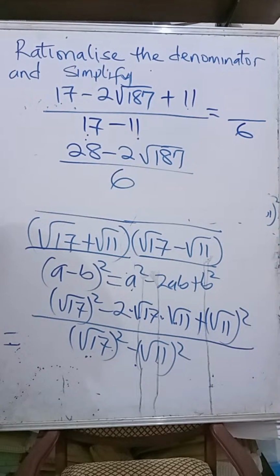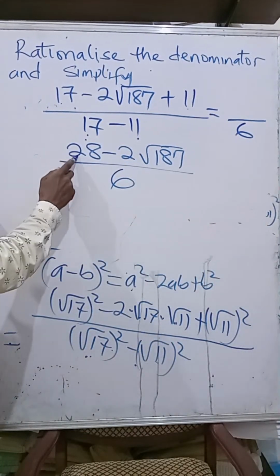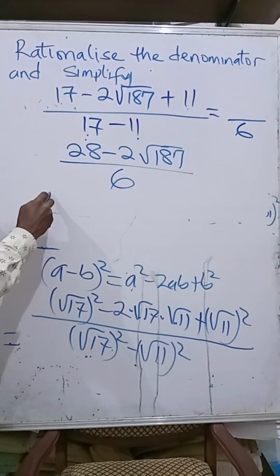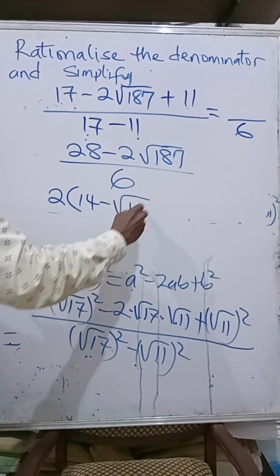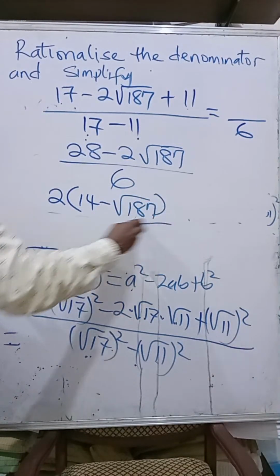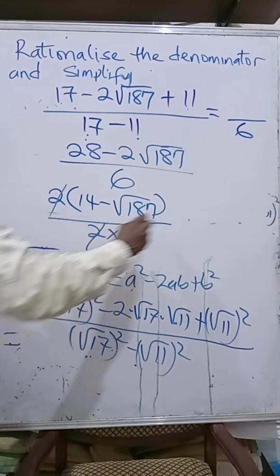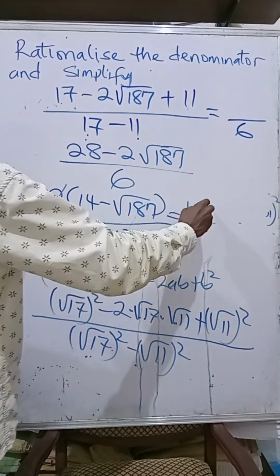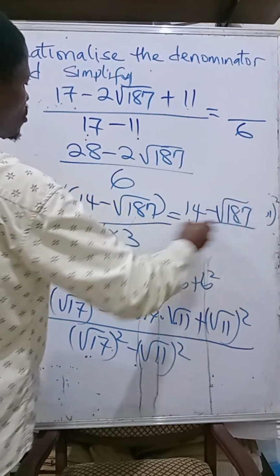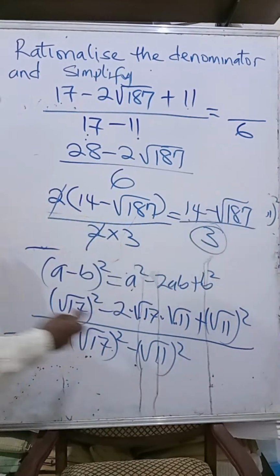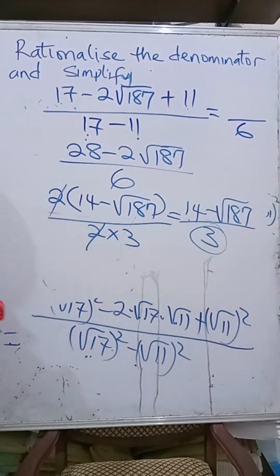That's the answer, but we can still take the 2 out. 2 goes at the numerator, 2 goes at the denominator, so that'll be 2 into bracket 14 minus root 187. 6 is 2 times 3, so the 2s cancel, and we have 14 minus root 187 over 3. So you can see now there's no root again at the denominator.